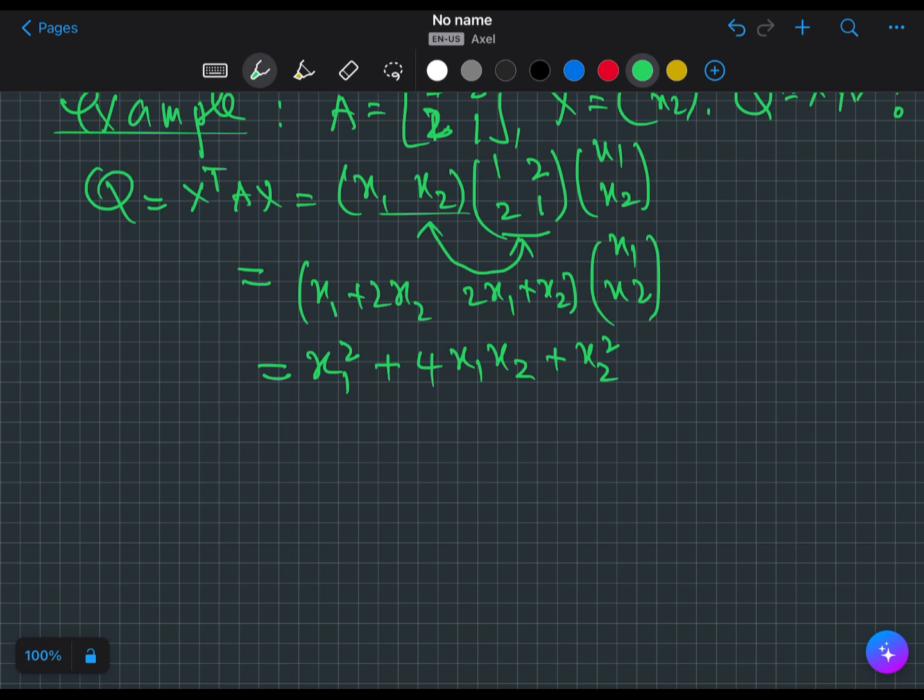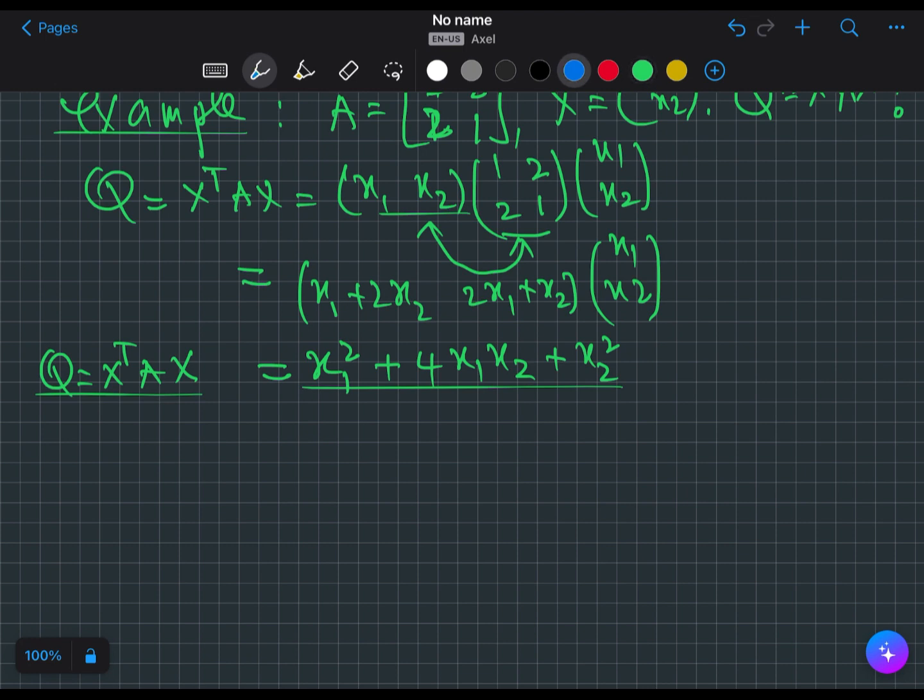So we can see that from an expression of x^T A x, which is a matrix form, we can have its equivalent in terms of a quadratic equation, which is well known.